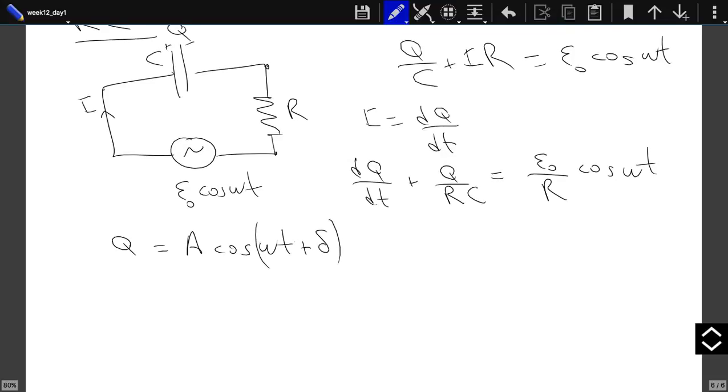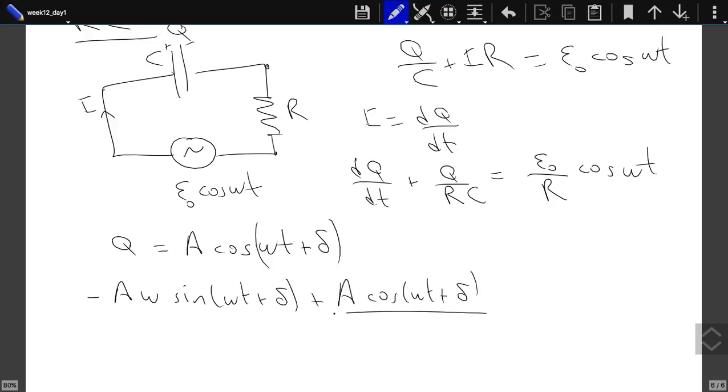Let's just substitute our function over there. So we have minus A omega sine omega t plus delta plus A cosine omega t plus delta over RC. This should be equal to epsilon 0 over R cosine omega t. This should be satisfied at all times.